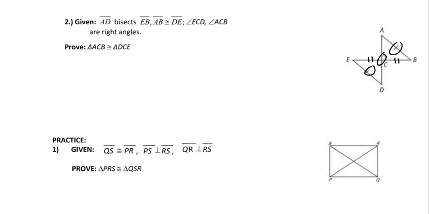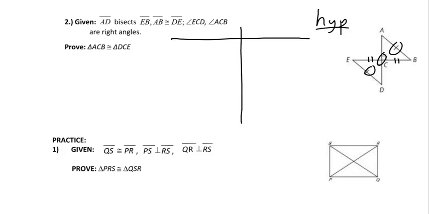Are we going to prove via HL or something else? Well, we have right triangles. We have legs congruent to legs and hypotenuses congruent to hypotenuses. Remember, a hypotenuse is just the longest side of a triangle. So we're going to be using HL.